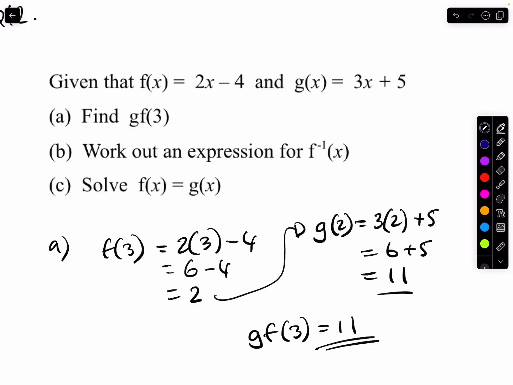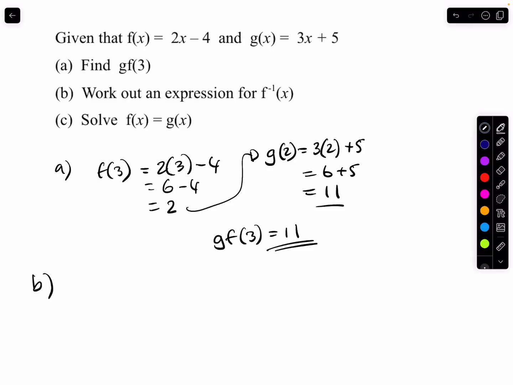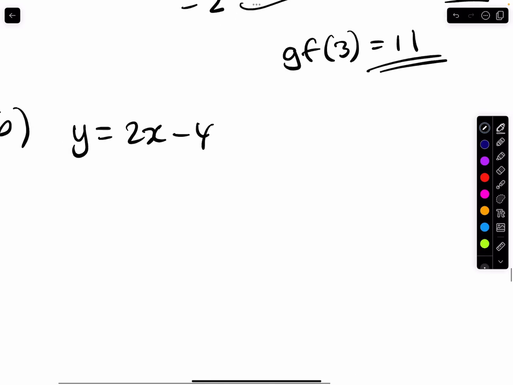Part B, it says work out an expression for f of minus 1, which means inverse. So you take f of x, but you write it as y equals 2x minus 4, and then you make x the subject and then replace it at the end again. I'm going to take the minus 4 to the other side, so I get y plus 4 is equal to 2x, and then I'm going to divide by 2.